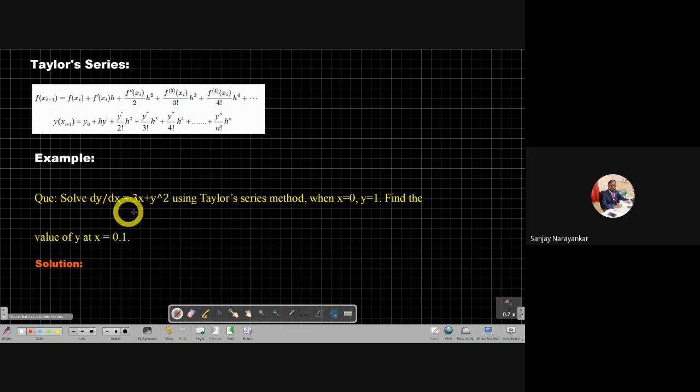Solve dy by dx is equal to 3x plus y square using the Taylor series method. When x is equal to 0, y is equal to 1, find the value of y at x is equal to 0.1. Just a minute, students.